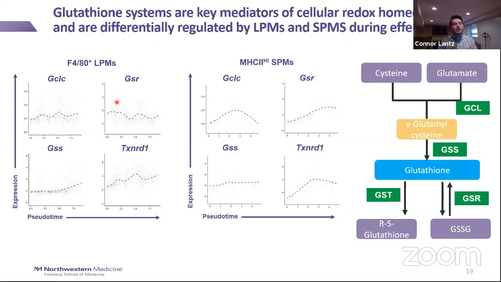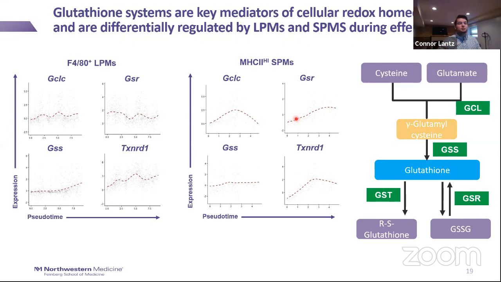However, when I look at other metabolic pathways, such as glutathione production and metabolism, I do not see this. I see more distinct expression changes within my two populations. Specifically, in my large peritoneal macrophages, I don't see a large increase, although I do see dynamic changes of enzymes associated with glutathione metabolism. However, in my small peritoneal macrophage population, I see a dramatic increase of genes related to the production of glutathione.